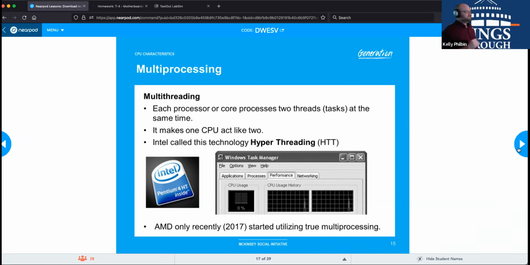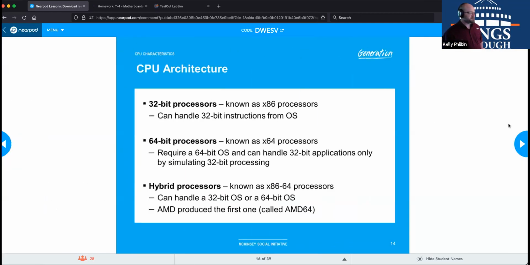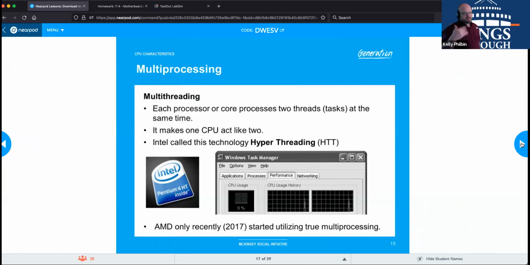So let's get into multi-threading first. What multi-threading is: you've heard of dual core and quad core processors. Each core you have, once they developed this multi-threading technology, can perform two tasks at the same time as opposed to a single task.